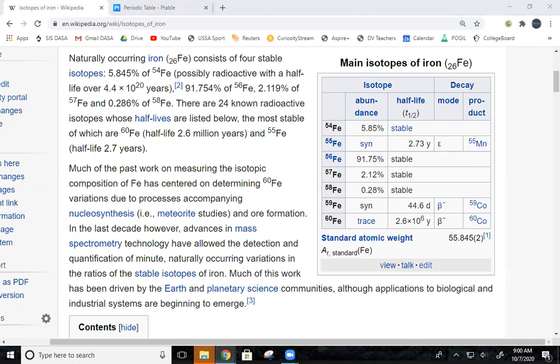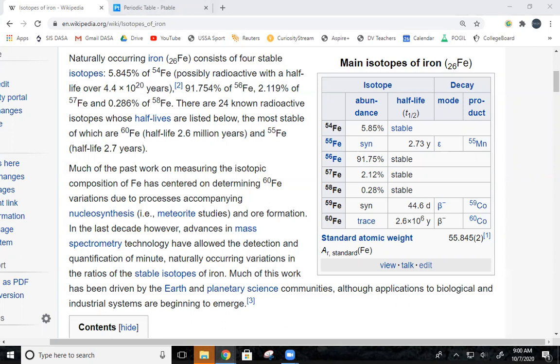Oh, wait, I forgot 57. 54 is 5.85 there, and 56 is 91.75. And then iron 57, 2.12.